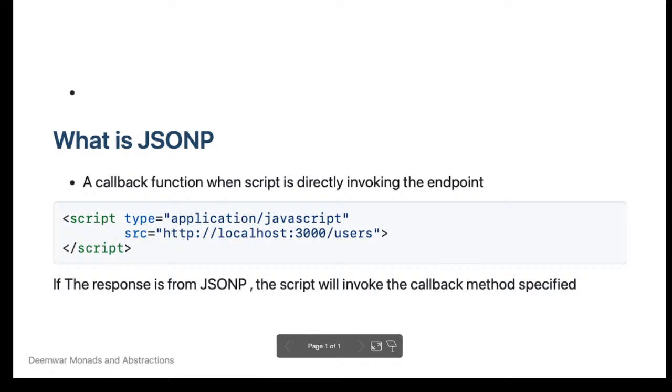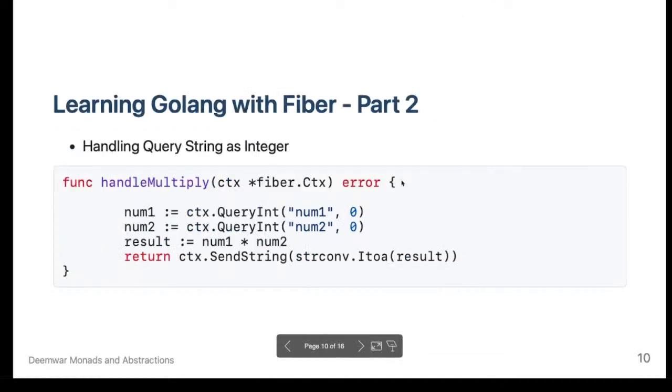I guess next time we can do something here. I guess today there are so many things I have learned. So we will start with whatever it is. First one is we have started with handleMultiply.